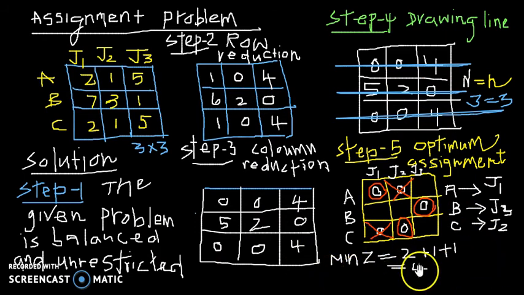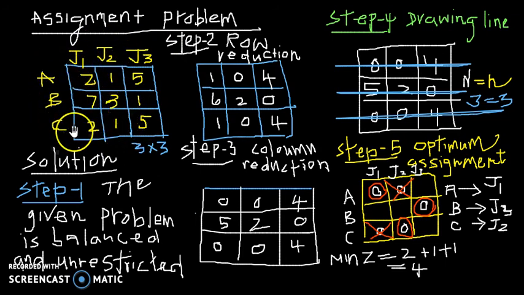How to find the least transportation cost? See, person A is assigned to first job, so 2 rupees. B is assigned to third job, 1 rupee, and C is assigned to second job, 1 rupee.